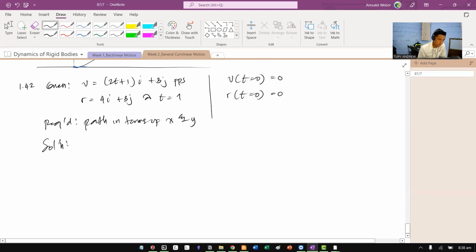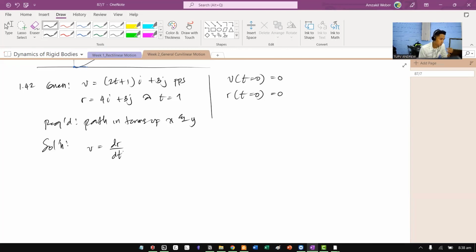So, let's solve. We know that velocity is dr/dt. In one dimension, in x or y, it's dx/dt, dy/dt, or dz/dt, or ds/dt, whatever. But for 2D or 3D, we use our position vector r.